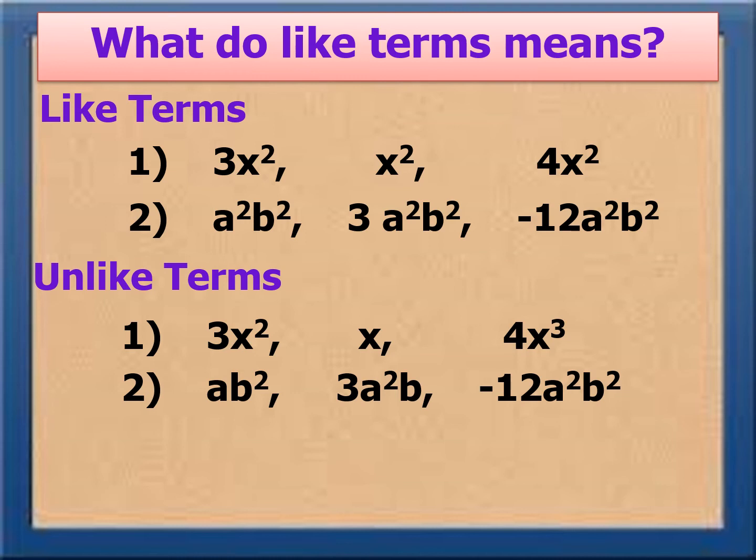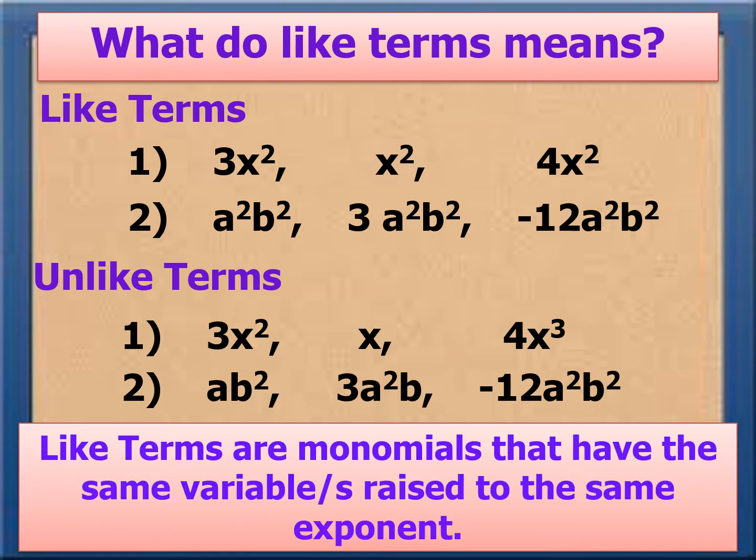They have the same variable or variables, but their exponents are not the same. So that's the reason like terms are monomials that have the same variables raised to the same exponent. So that's the mathematical definition of like terms.